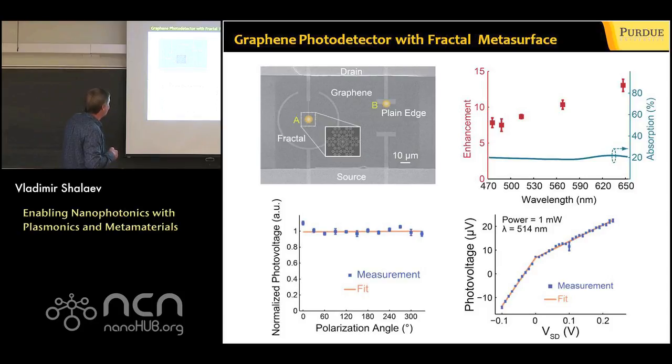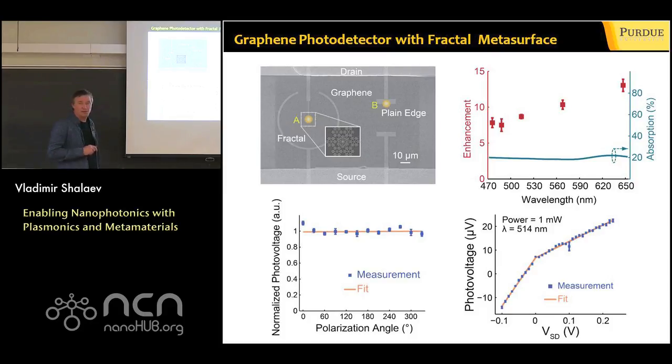We compared the photovoltage generated when you irradiate the structure with light for bare graphene, just sitting on a substrate, and for graphene sitting on a fractal structure. And you could see that the enhancement is quite significant, around a factor of 10, and it's almost frequency independent. And there is some dip, because gold actually has interband transition.